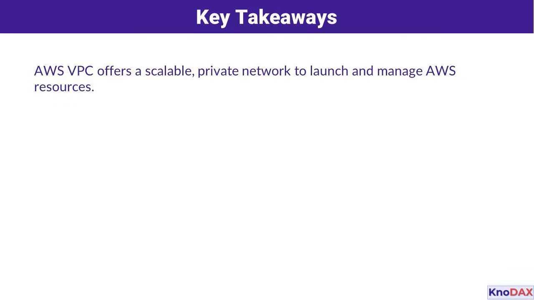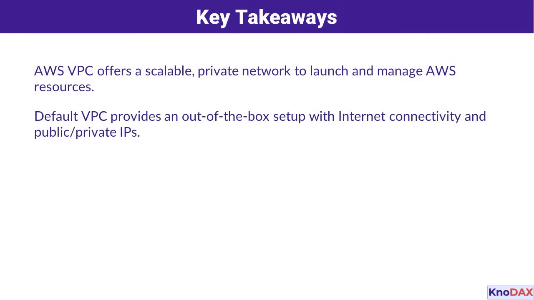Let's summarize the key points about AWS VPC. First, AWS Virtual Private Cloud, or VPC, provides a scalable and private network environment for launching and managing your AWS resources securely. Second, the default VPC offers a ready-made setup that includes internet connectivity, public and private IP addresses, and essential networking components, making it a great starting point for beginners or quick deployments.